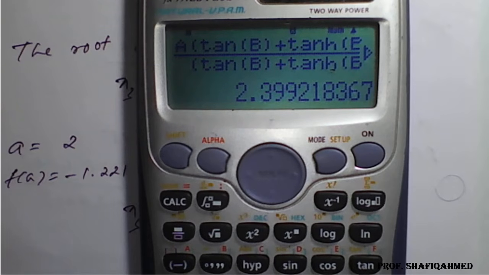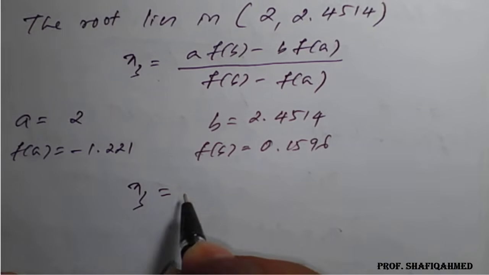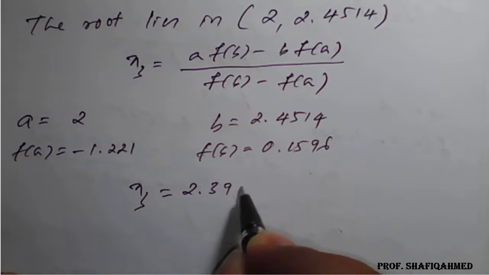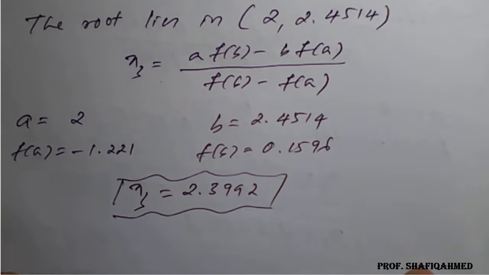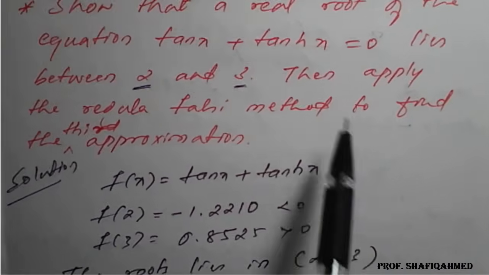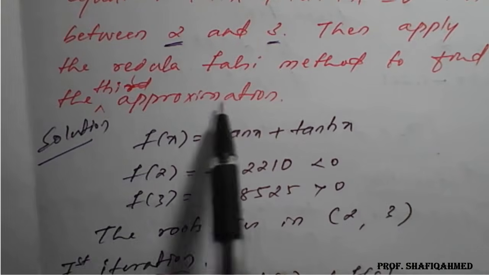is 2.3992. So we'll stop here because in the question it says up to the third approximation, so you need to see that. We apply the regular falsi method to find the third approximation.